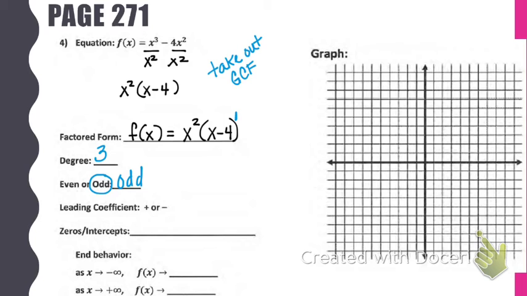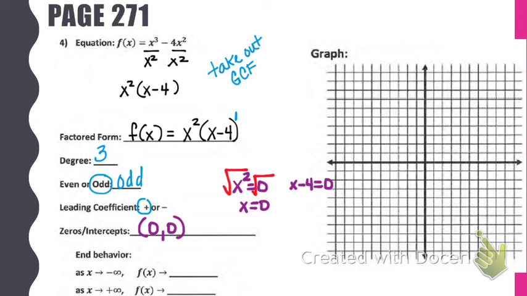It's positive. So for my x-intercepts, I'm going to set both of my factors equal to 0. So you have x squared equals 0, and you have x minus 4 equals 0. Well, what is the square root of 0? 0. So that means x equals 0 is one of my intercepts.